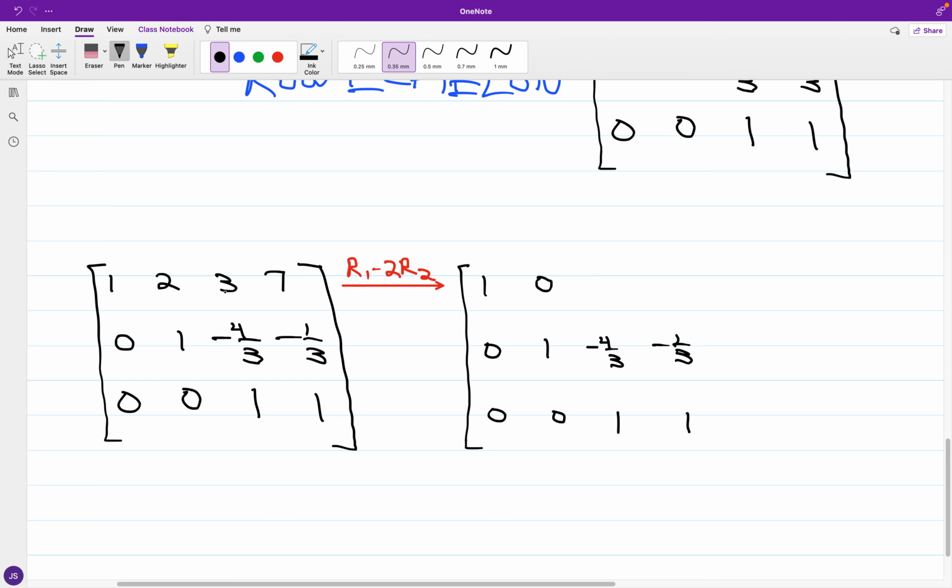That's going to be 3 plus 8 thirds, and so we're going to have 17 thirds. And for 7 minus 2 times negative 1 third, that is going to be 7 plus 2 thirds, or 21 thirds plus 2 thirds. So we're going to have 23 thirds.